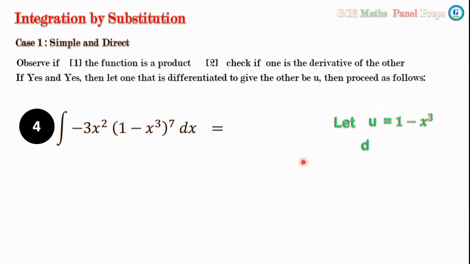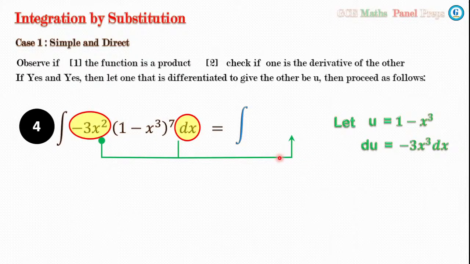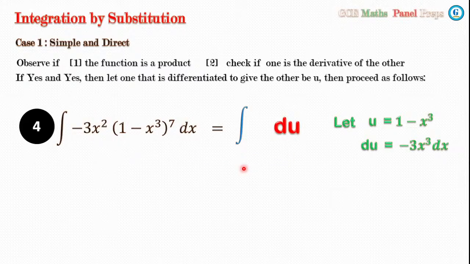We differentiate both sides, we'll have du equal to minus 3x squared dx, and we replace this in our function here. So minus 3x squared dx we replace by du, and 1 minus x cubed we replace by u and raise it to the power 7.